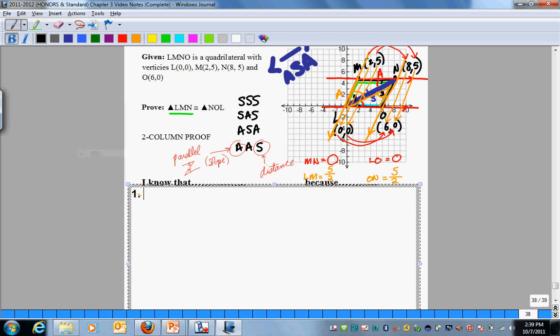I know that L is at 0, 0. M is at 2, 5. N is at 8, 5. And O is at 6, 0. Why do I know that? Because it is given.